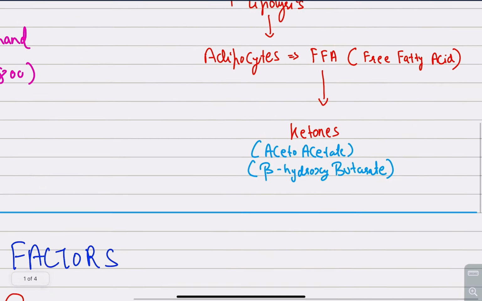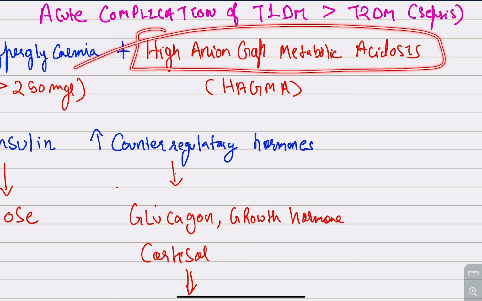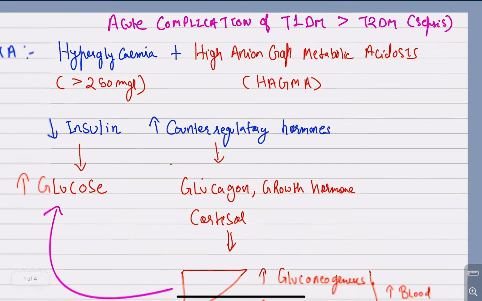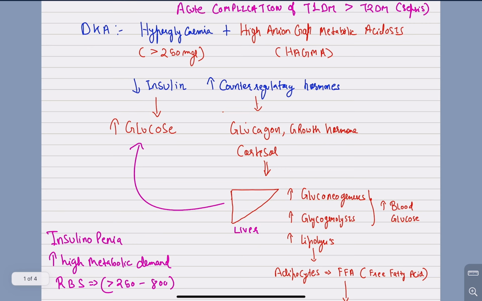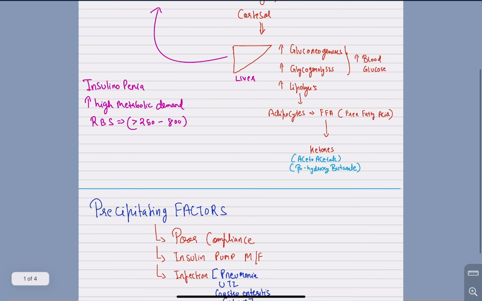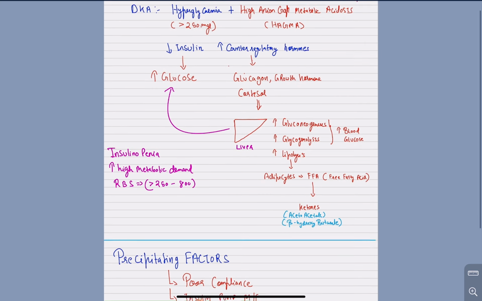So there is an increased anion in DKA. This is why this condition is also characterized by high anion gap metabolic acidosis, in short, HAGMA. Now there is increased glucose, so there will be some features of hyperglycemia and acidosis together.